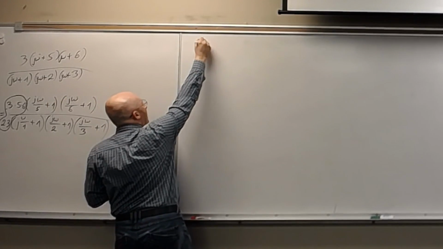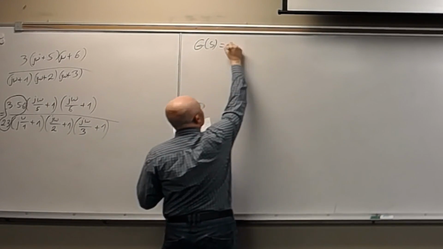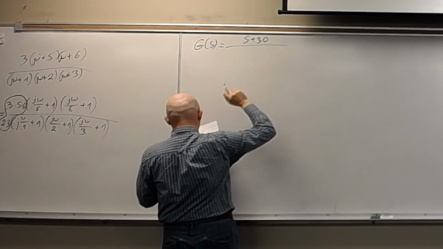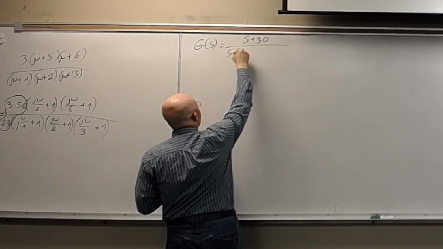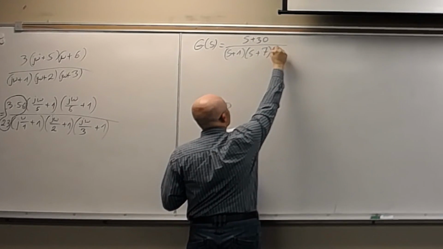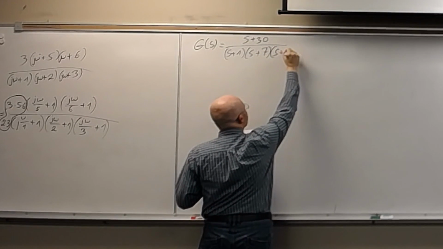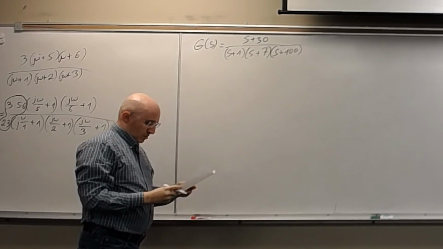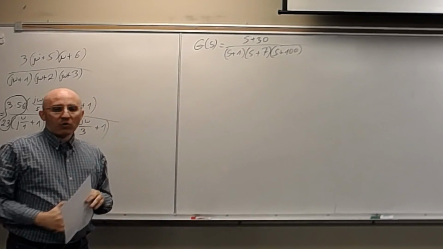We want to plot Bode diagram of G(s), which is (s+30) over (s+1)(s+7)(s+100), something of that kind. Okay, so what is step number one?